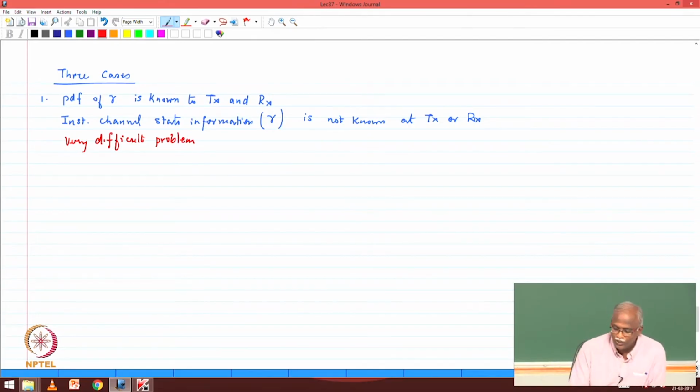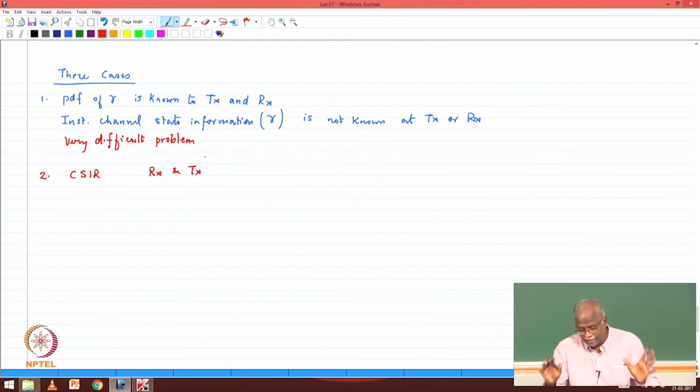So maybe the question is, why do we assume that? You can always measure. So the second option that we have is that I can measure the SNR at the receiver. Which means that this is the CSIR situation. Both Rx and Tx know the PDF, like before. They know that it is Rayleigh or Ricean statistics, whatever it is.